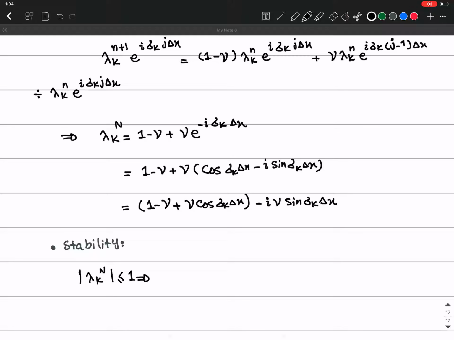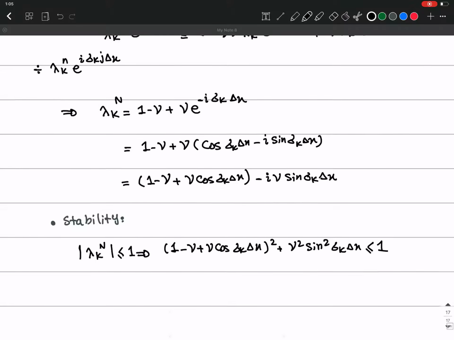Thus, the absolute value of lambda_k, which is going to be (1 minus nu plus nu cosine sigma_k delta x) squared plus nu squared sine squared sigma_k delta x, should be smaller or equal to 1.